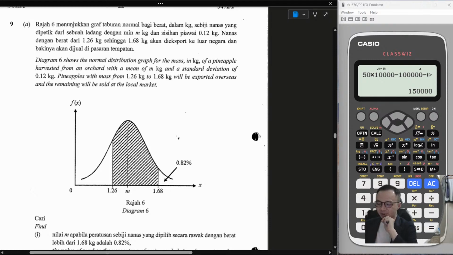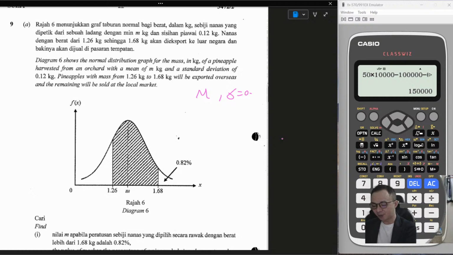We have a normal distribution graph for the mass in kg of pineapples harvested from the orchards, with a mean of m kg. The mean is not given, but the standard deviation is given, 0.12. Pineapples with a mass of 1.26 kg to 1.68 kg will be exported overseas, and the remaining will be sold at the local market.